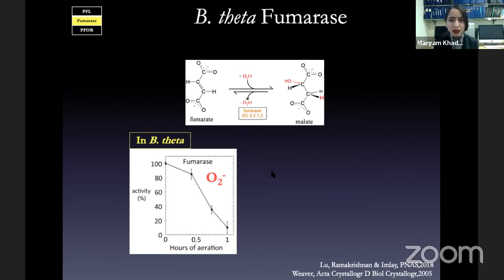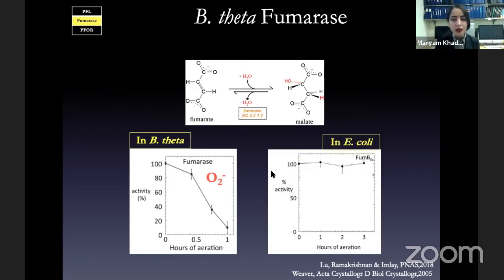But the weird observation that they had was that while in B-theta, the fumarase loses activity in 1 hour, in E. coli that also contains fumarase, fumarase stays active for hours, like even after 3 hours of aeration, it still stays active.